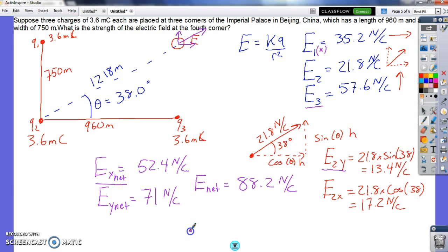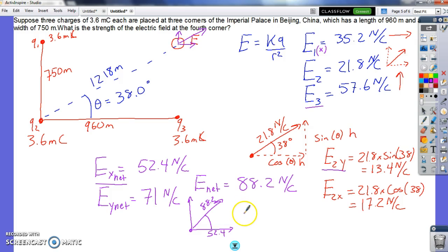And so if you need to have a picture, we go here, we go here. We know this one. This one is the 88.2. This one is our 52.4, and we want to find out what this angle is. The easiest way to do that is, actually, I like doing the tangent, but we could also do the cosine.